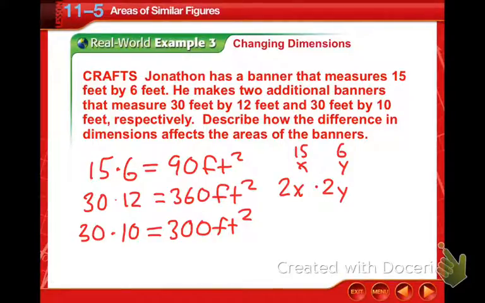And really, our area would be X times Y, right? Initially. So our new area, when we multiply this, becomes 4xy, right? So we're taking what we had originally, our old area, and our new area is 4 times our original area.